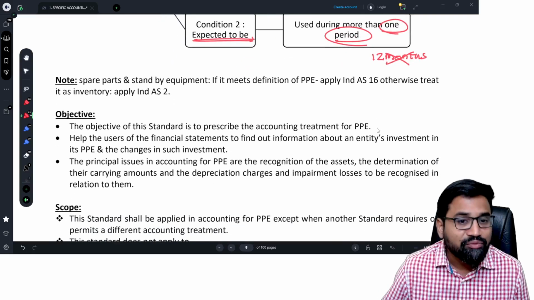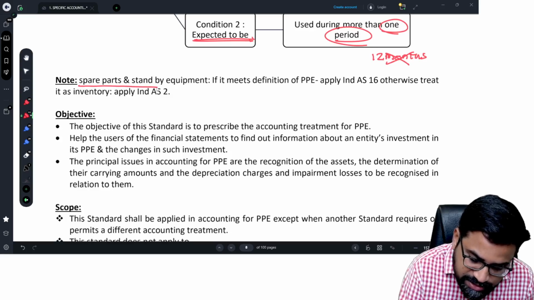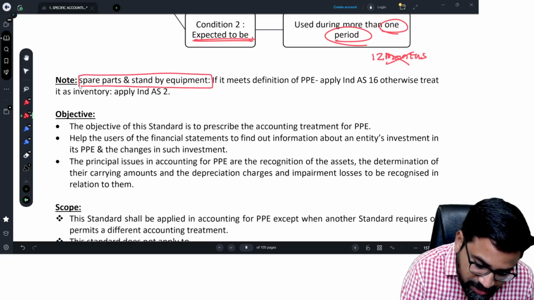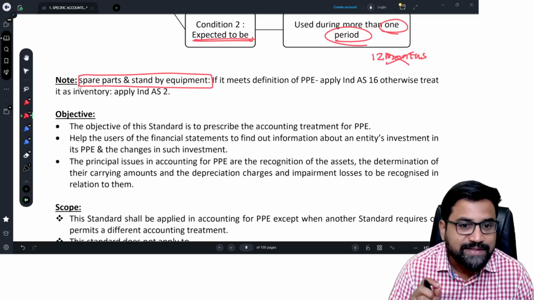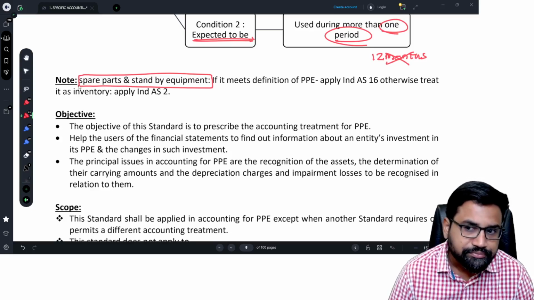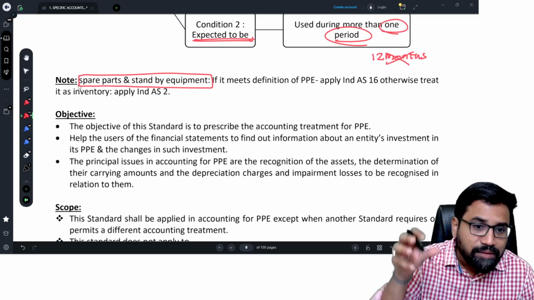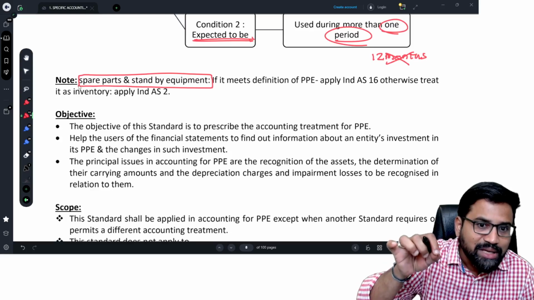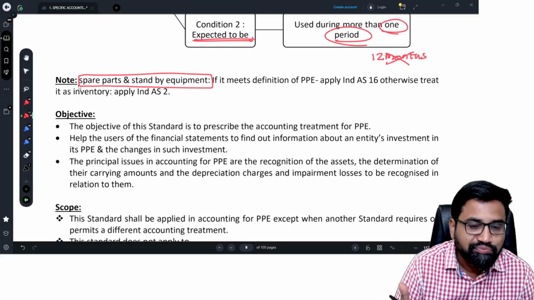Next, I have given one important note here. Spare parts and standby equipment. What is the treatment of spare parts and standby equipment? First of all, what are spare parts? Spare parts means in plant and machinery, there will be small equipment we will consume regularly.